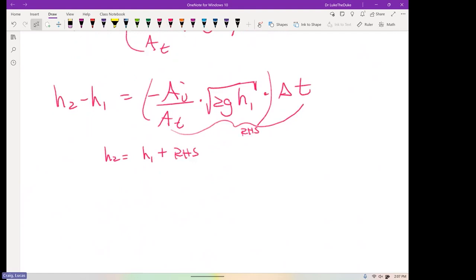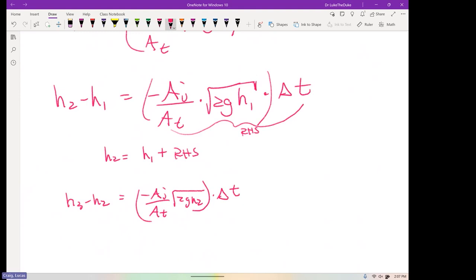H3 minus H2 is negative AJ over AT radical 2G H2 all times delta T. So you use the previous H2 value, do the math, and then add or subtract.